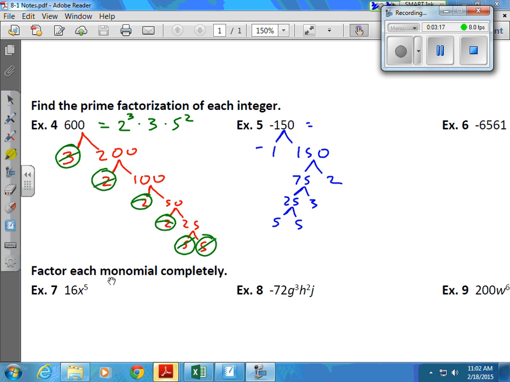So -150 is equal to -1 times 2 times, well, we've got to circle all the little berries on the tree, times 3 times 5 squared.